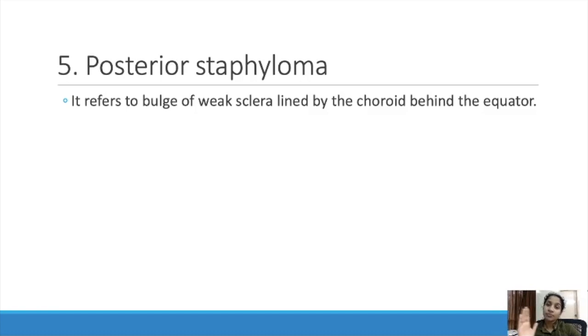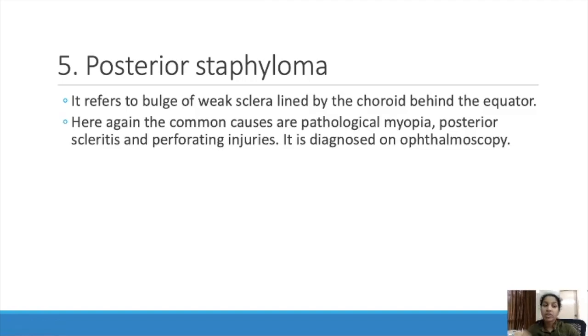Here again the common causes are pathological myopia, posterior scleritis, and perforating injuries, and it can be diagnosed only by viewing through ophthalmoscopy.